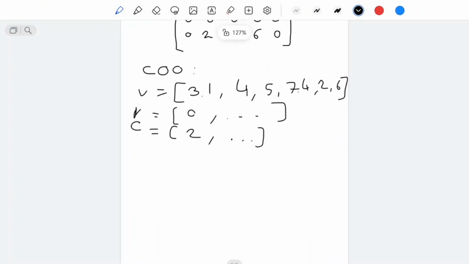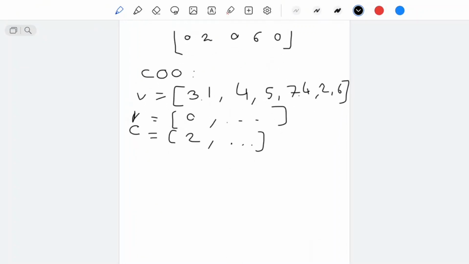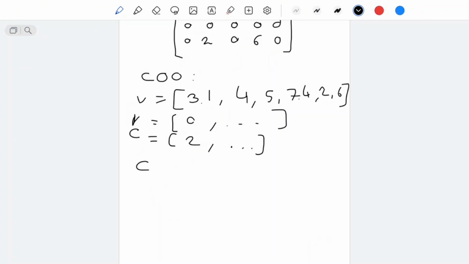The other algorithm, the compressed sparse row format, CSR, works in a slightly different way.